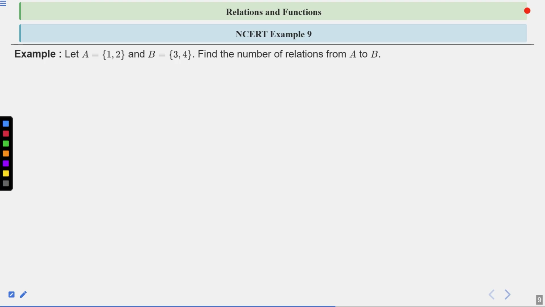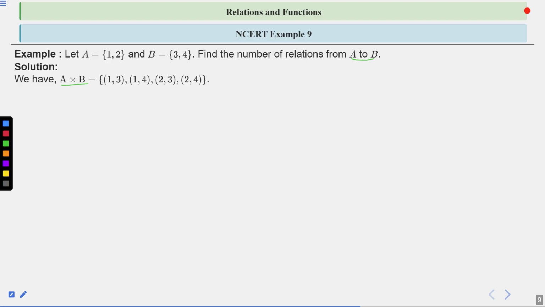Say example. So we are having a set A with two elements 1, 2, another set B with two elements 3, 4. And what we have to do is simply find out the number of relations from A to B. Quite simple question. So solution. In order to get the relation from A to B, what we want first?